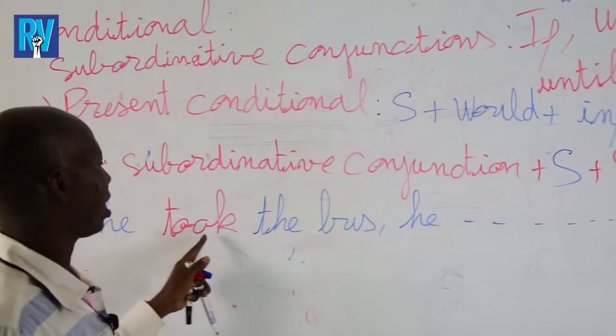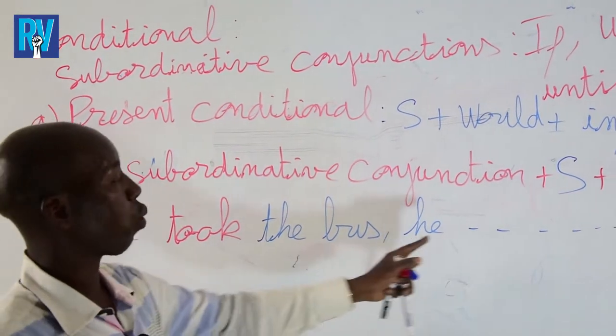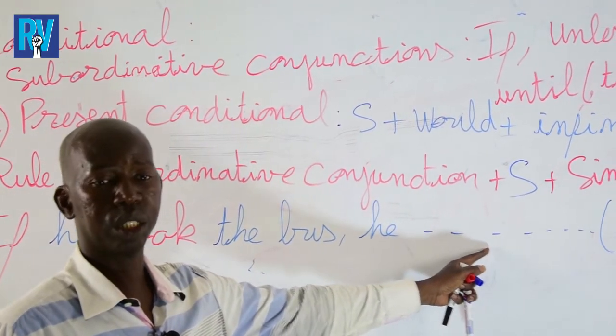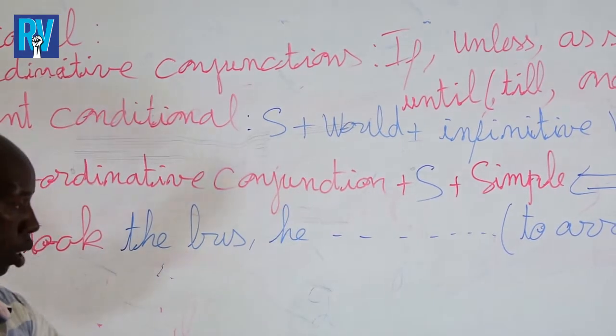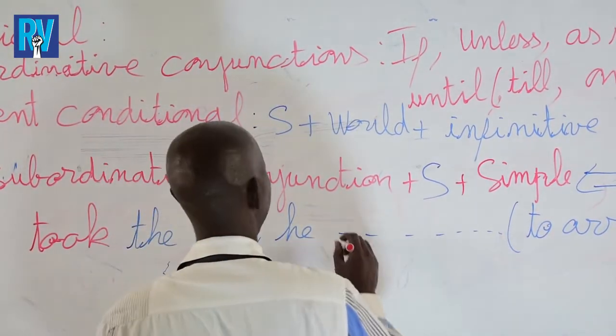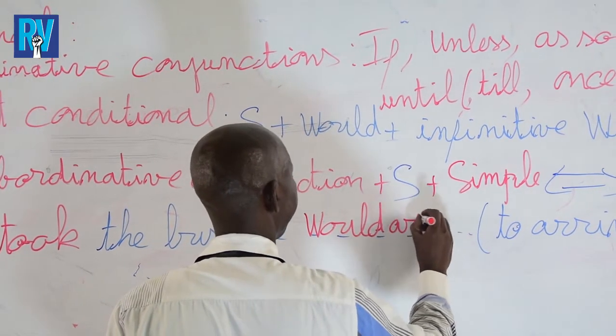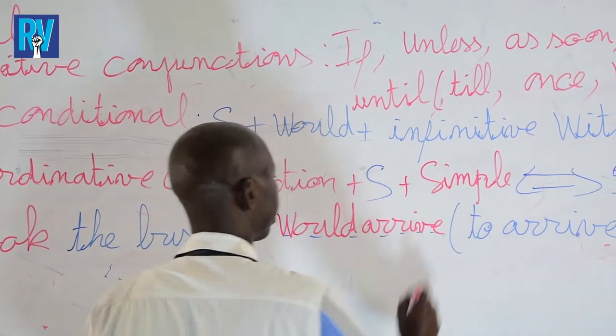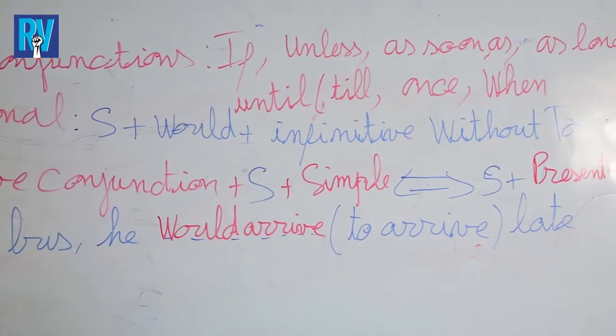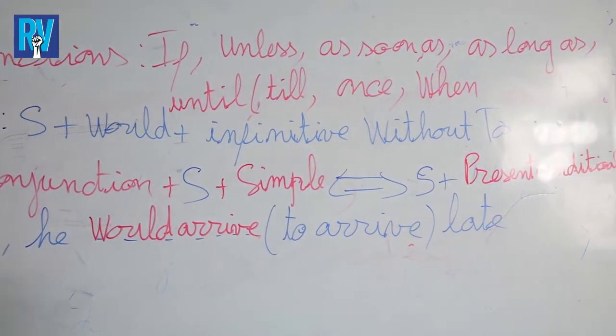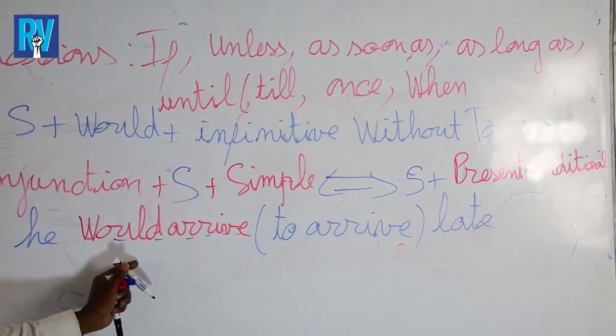If plus subject plus simple past, so it goes with the present conditional. So here you have to use the present conditional, the verb. So you will have would arrive. Donc, conjonction de subordination plus sujet plus simple past, ça va toujours avec le present conditional. Okay?